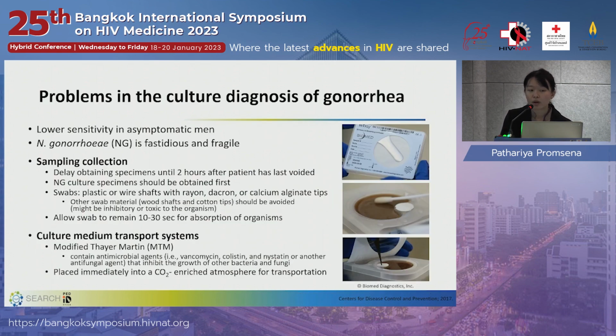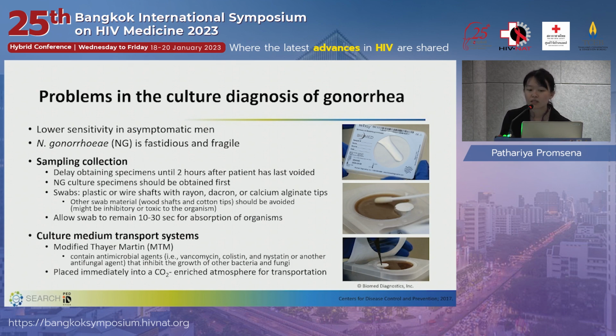And there are some problems in gonorrhea culture, especially for asymptomatic urethritis, because it has low sensitivity, and this organism is fastidious and fragile, so careful consideration with proper methods for specimen collection and transportation is required.